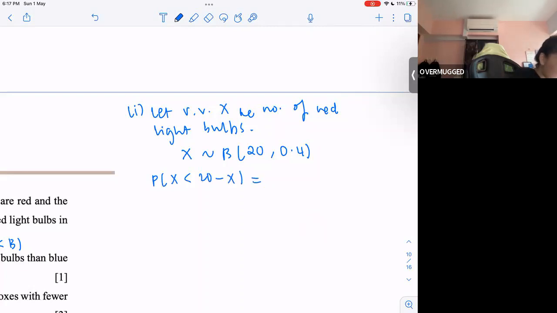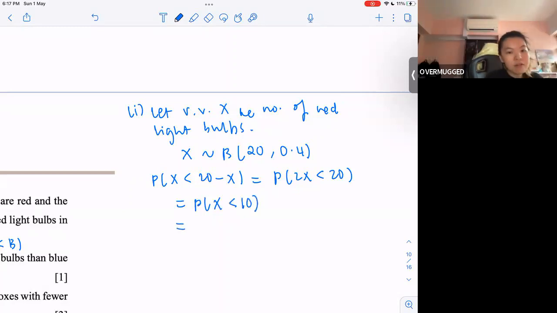This can be the probability of 2X being less than 20, which is the probability of X being less than 10. And then, because it's binomial, you cannot just do less than, you must do less than or equal to, a bit annoying, but yes. Then you must do X is less than or equal to 9.